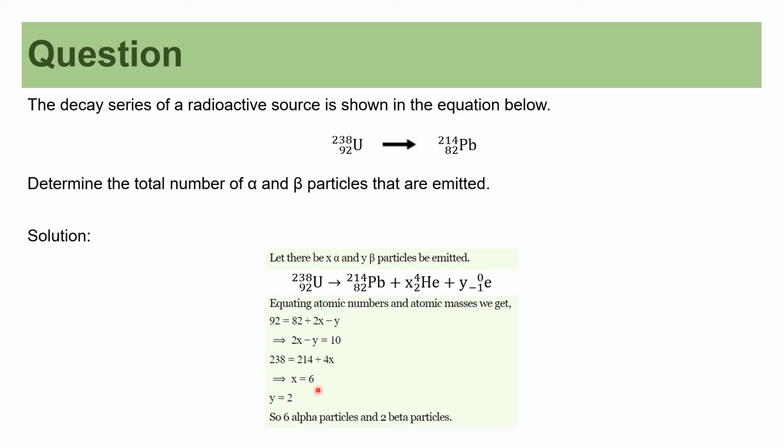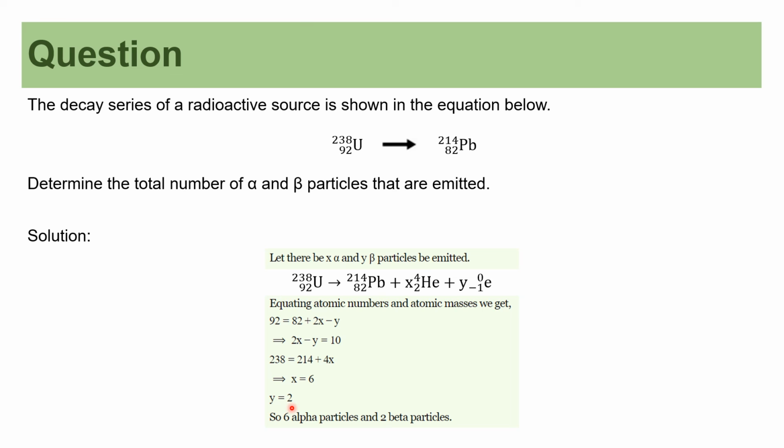By using substitution, substitute x equals 6 into 2x minus y equals 10. Simplification will then give you y equals 2. Okay, now this is actually a quite important step, which is the last step.